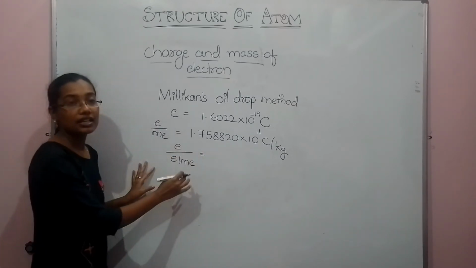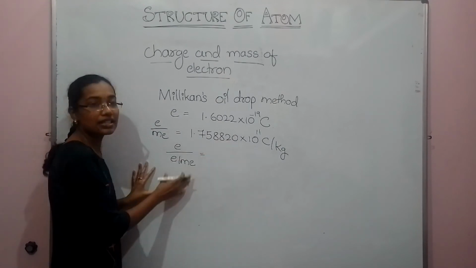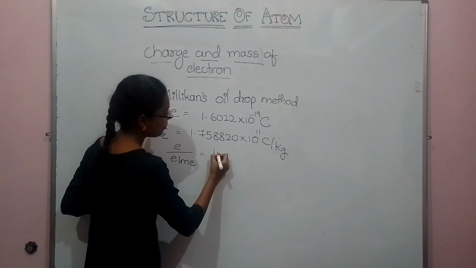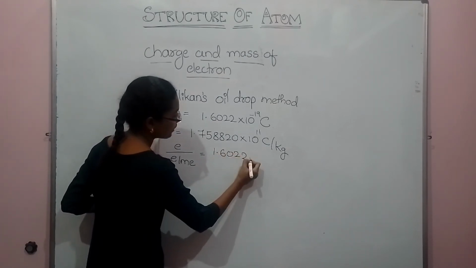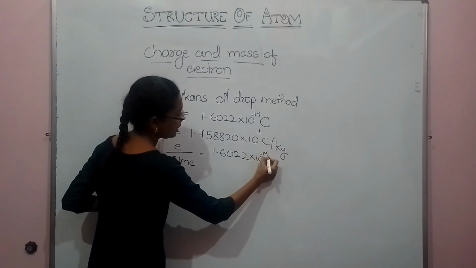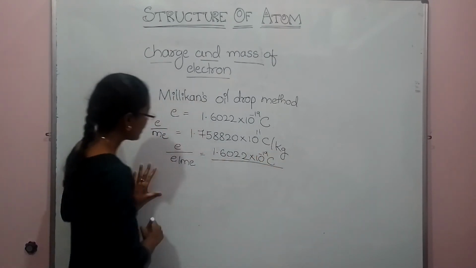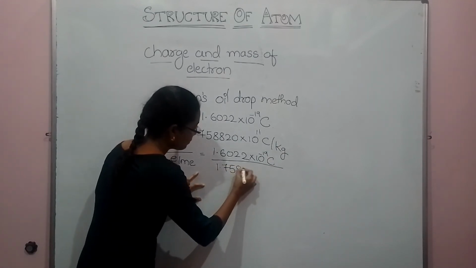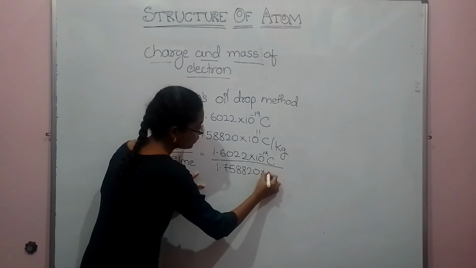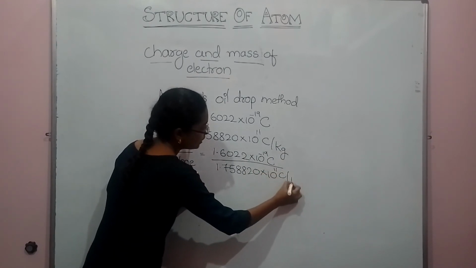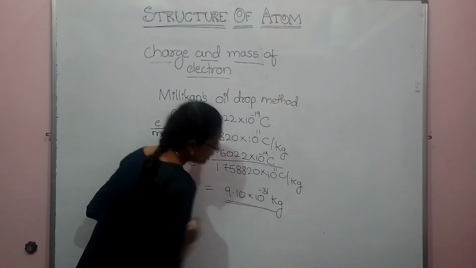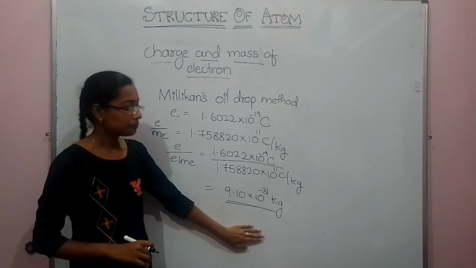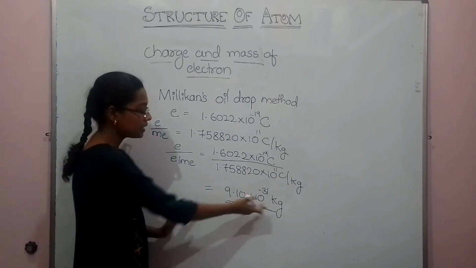That is 1.6022 into 10 to the power minus 19 coulombs divided by 1.758820 into 10 to the power 11 coulomb per kg. If we substitute these values, we'll get the mass of the electron.